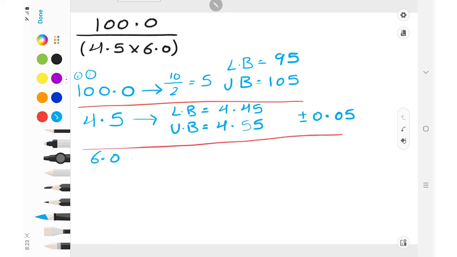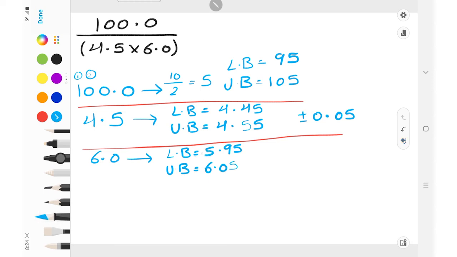And the 6.0, it's the same as 4.5. My lower bound is 5.95. My upper bound is 6.05. Just let me make this clear.